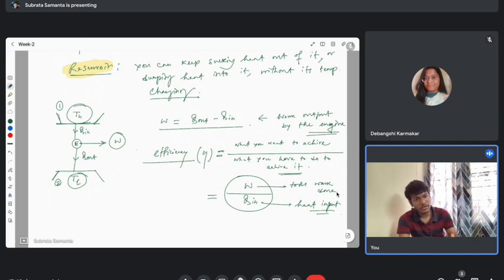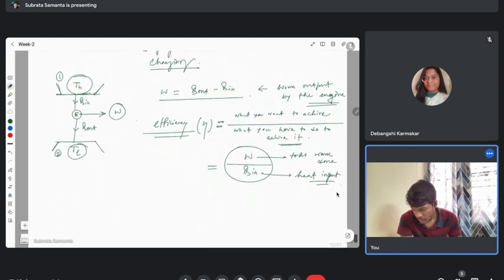You put in the heat and want to know how well it converts into work done, and that is what the efficiency of the engine tells us.